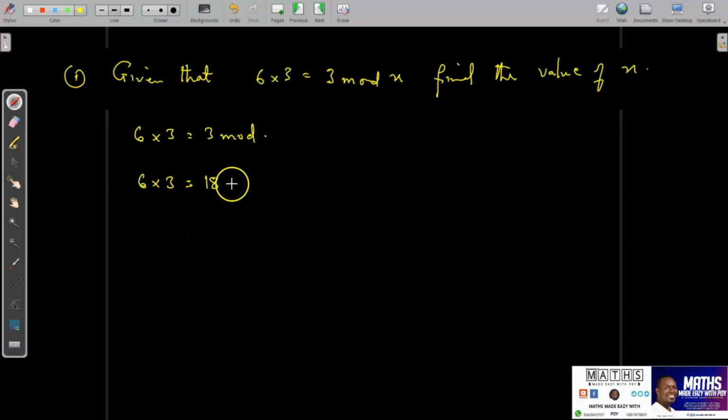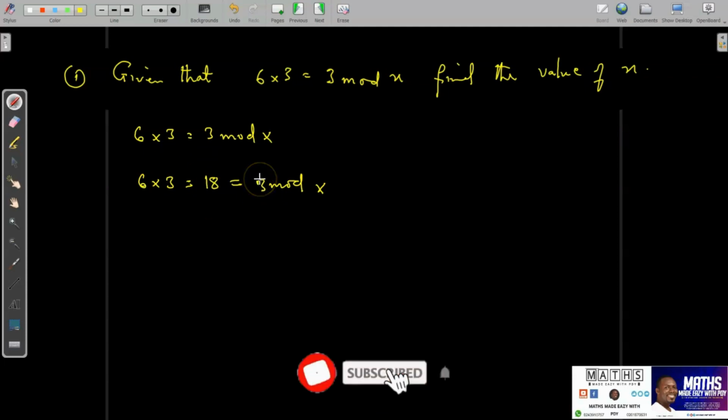So we have 18 is equivalent to 3 mod x. The question now is, in which modulo system will we operate on 18 so that we get a remainder of 3? Can you think of it?